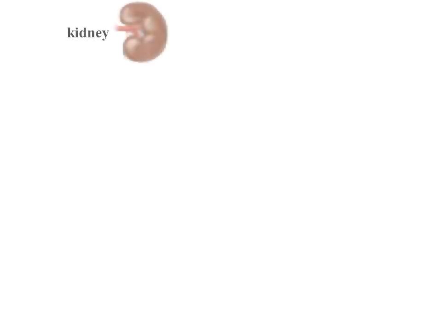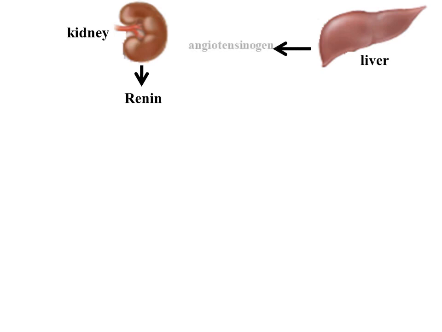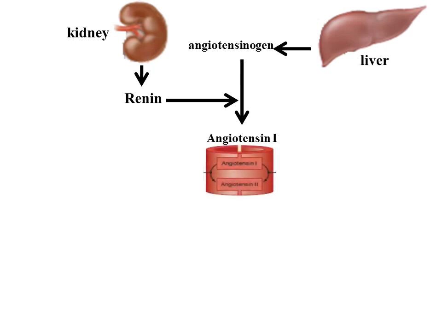To summarize the lecture, the kidney produces renin, which acts on angiotensinogen produced by the liver and converts it to angiotensin 1. Angiotensin 1 is converted in the lung into angiotensin 2 by the enzyme angiotensin converting enzyme.